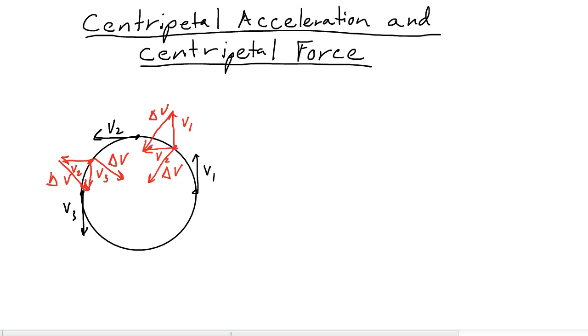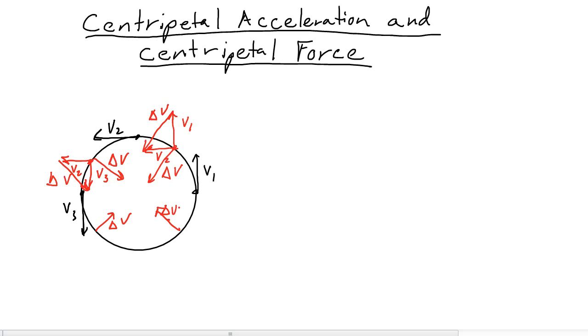And if I did this for any point all over this circle, I'd see that the change in velocity, or my acceleration, always points toward the center of the circle. And this makes a lot of sense, basically because of the name centripetal acceleration. Centripetal means center-seeking. So the acceleration is always toward the center of the circle.